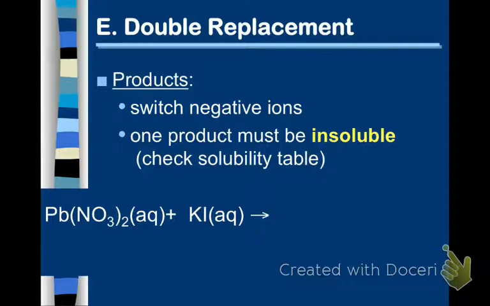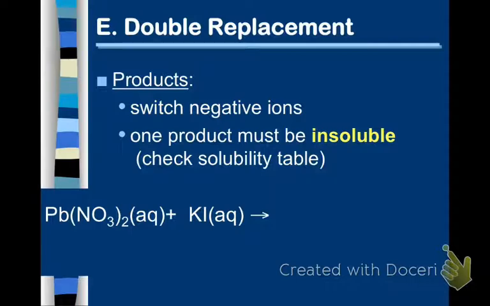In single replacement, you check your activity series first, then form your products. In double replacement, you form your products, then check your solubility rules. So you go about it just backwards. Do I need to repeat that for anybody?